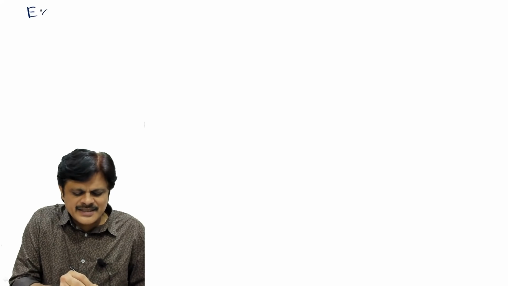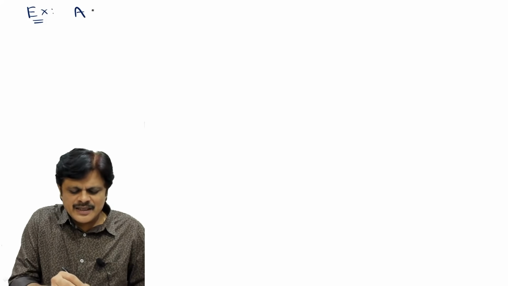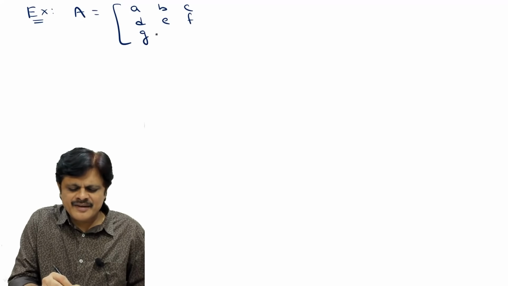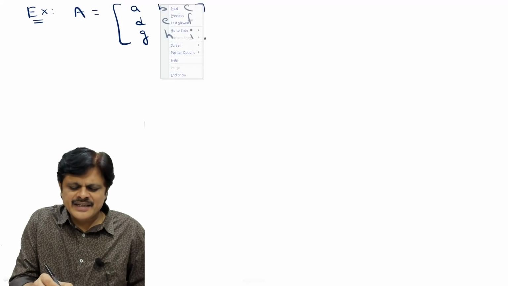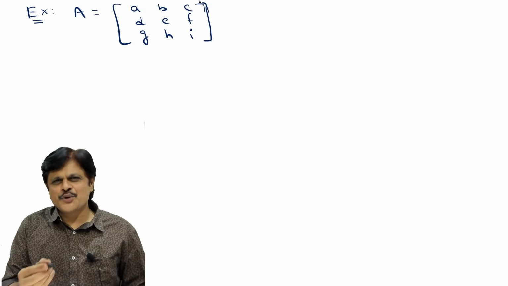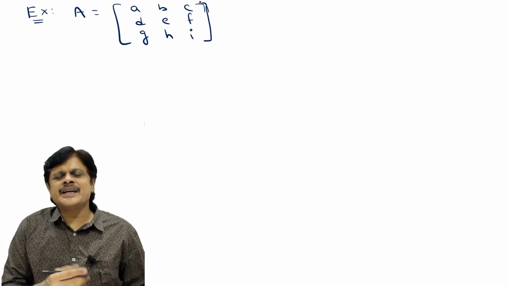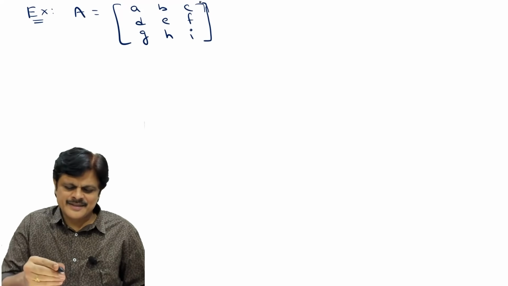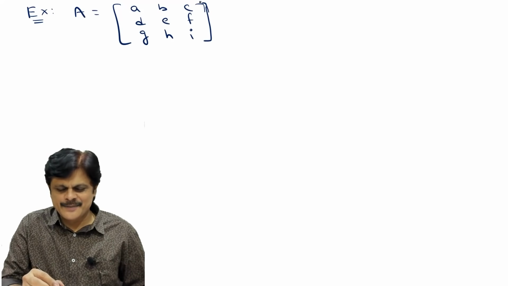Now consider this example. You have a 3 by 3 matrix, say A, B, C, D, E, F, G, H, I. I am not using numbers because for any matrix the story is the same. So if you understand, even if I give examples, you can write the answer similarly. So this is a 3 by 3 matrix.